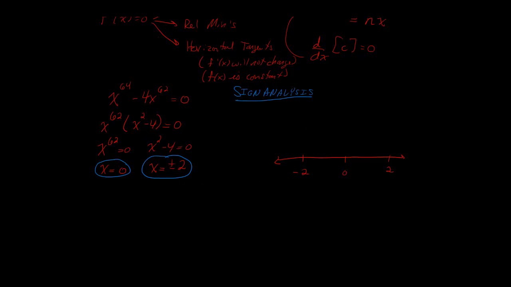We are going to have corresponding factors: x to the 62nd, and another factor of x squared minus 4.